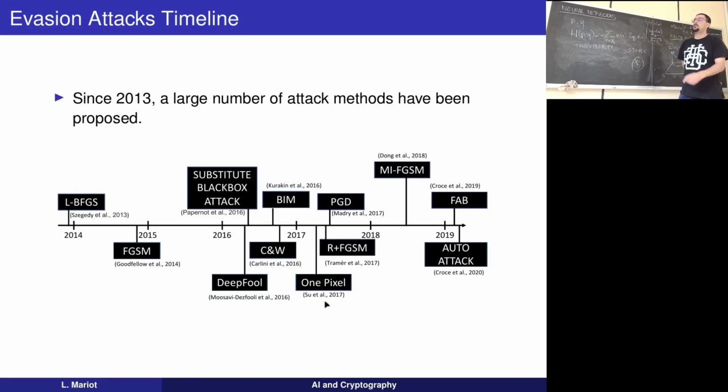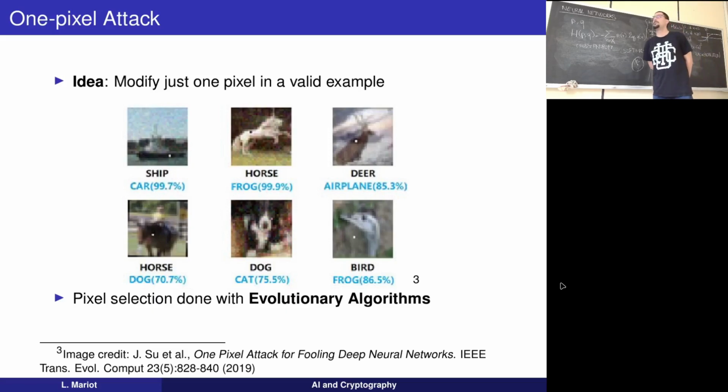And the idea of the one pixel attack is that we are going to modify just one pixel in our image. So this should be small and stealthy enough with respect to our requirements. So this is an example. If we take benchmark images, for example, from the MNIST or CIFAR-10 datasets, the idea is that we have these small images, 28 by 28 pixels or 32 by 32 pixels, and then we are going to modify one pixel inside these images such that the corresponding classification is completely different.